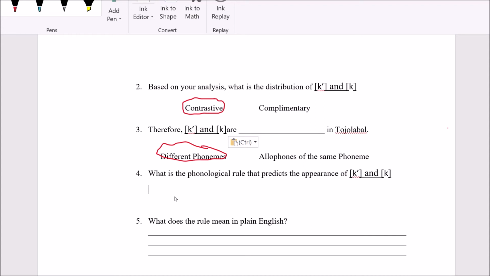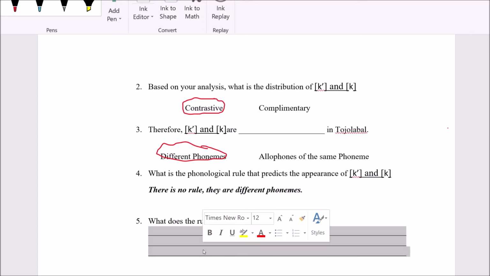Well, in this case, you need to remember that phonological rules predict the appearance of allophones of the same phoneme. Here, you would just need to tell me there is no rule. They are different phonemes. You would need to show me clearly on the exam that you know that there is no rule for these two kinds of sounds, and you would need to tell me why.